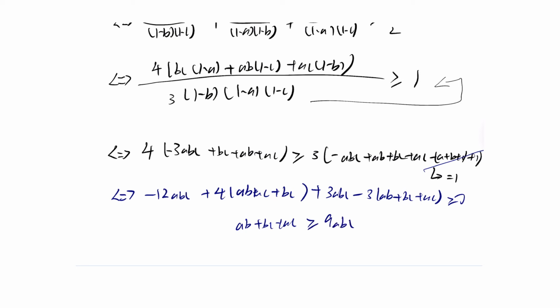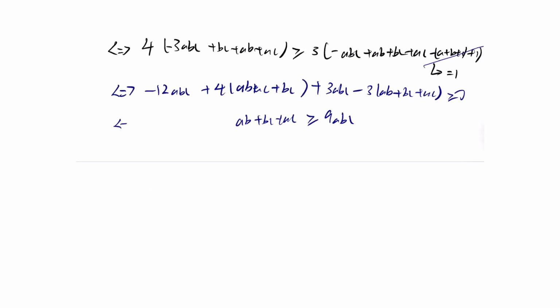Divide both sides by abc. We'll have 1 over a plus 1 over b plus 1 over c larger or equal to 9.